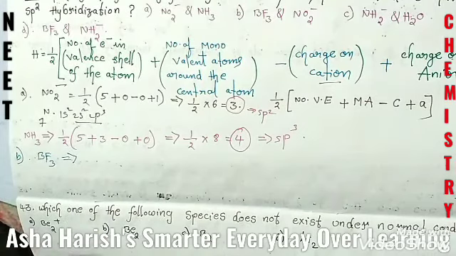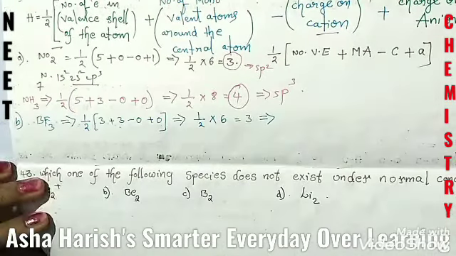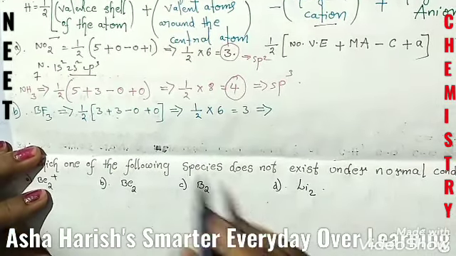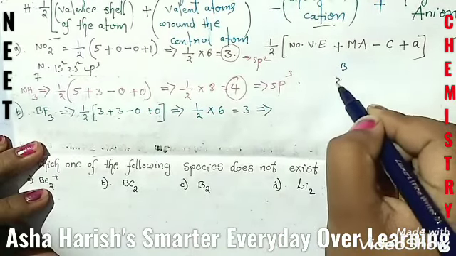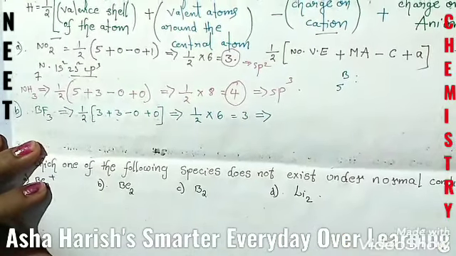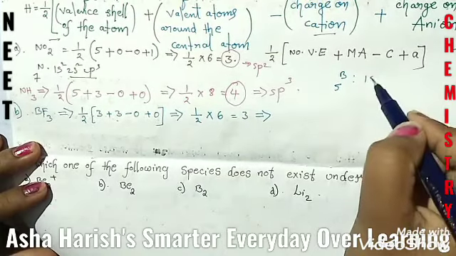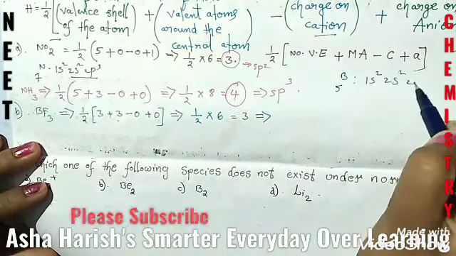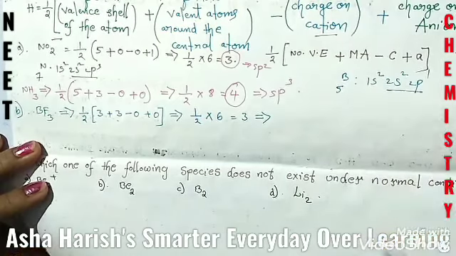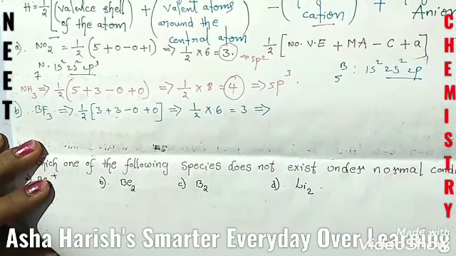Okay students, for this, here boron. Boron electronic configuration, based on its atomic number 5, is 1s2, 2s2 and 2p1. Okay students, there are 3 valence electrons of boron.